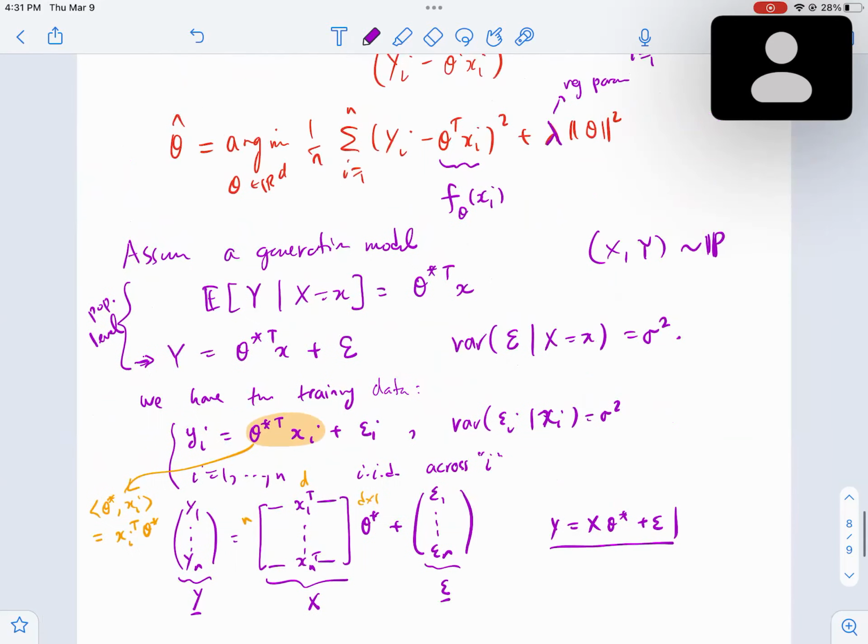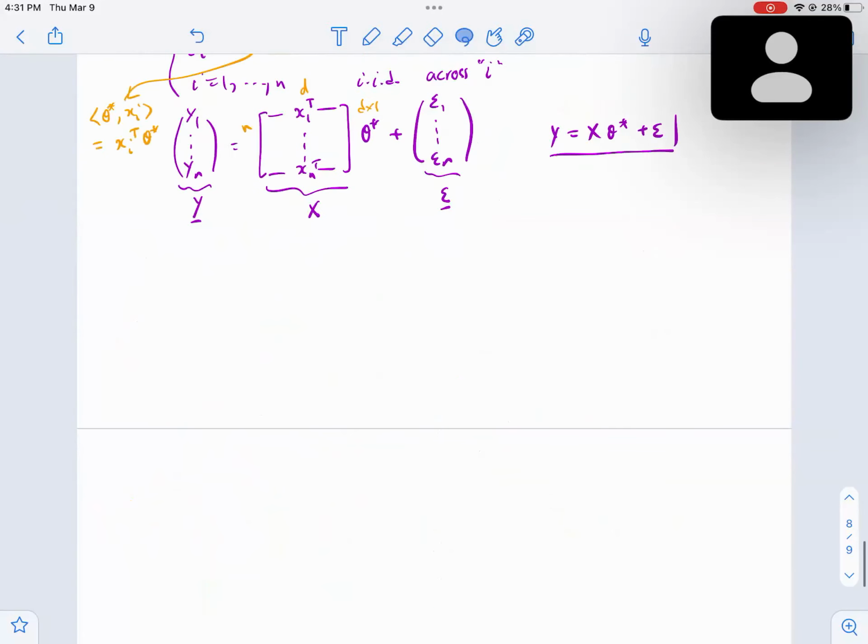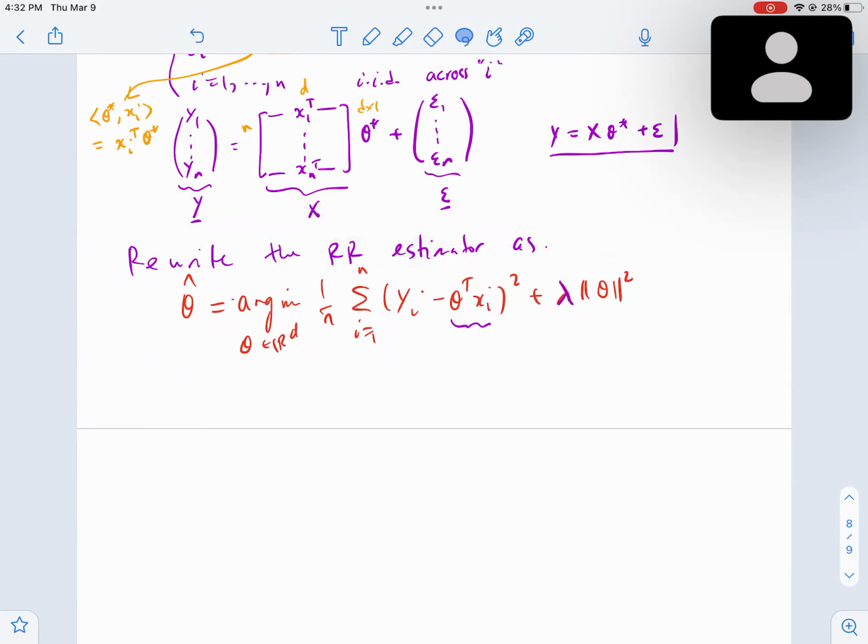And then I'm going to rewrite the ridge regression estimator as follows.